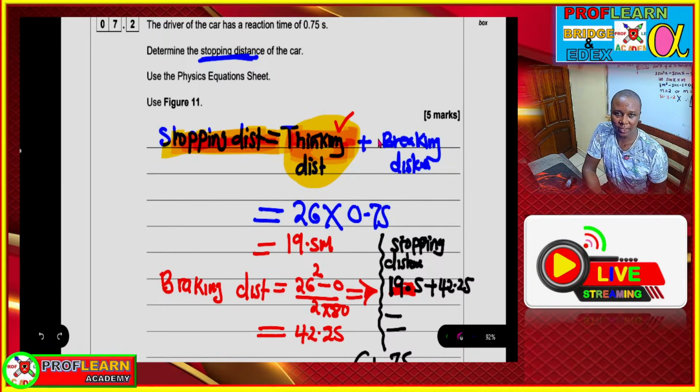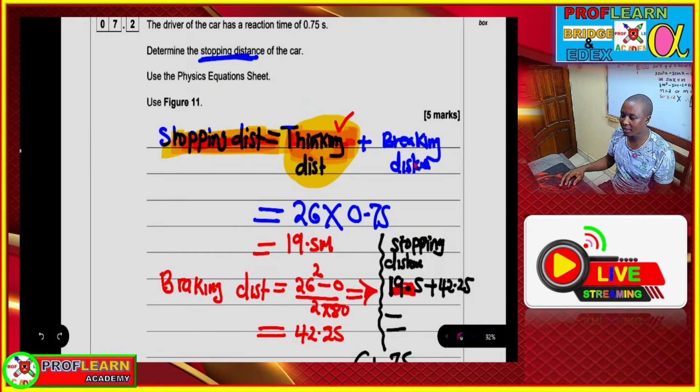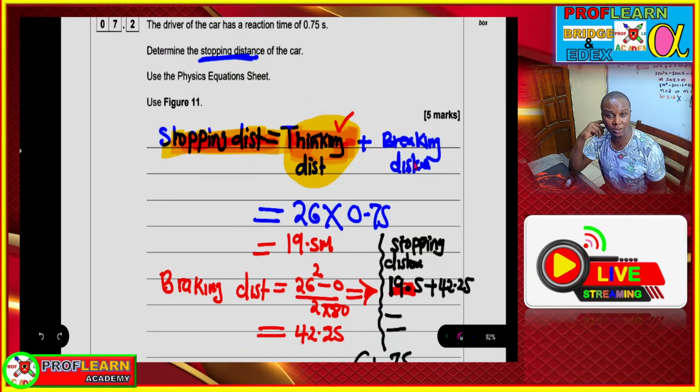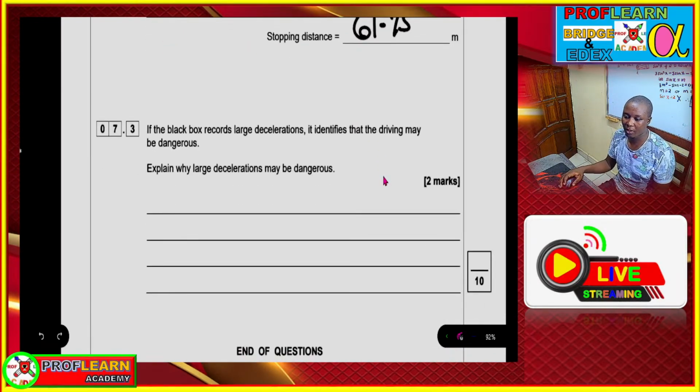Factors that affect thinking distance include drugs, poor visibility, and also age, but braking distance is affected by the conditions of the road, conditions of the tire, and the speed at which the car is moving. So basically that's what we are going to talk about.